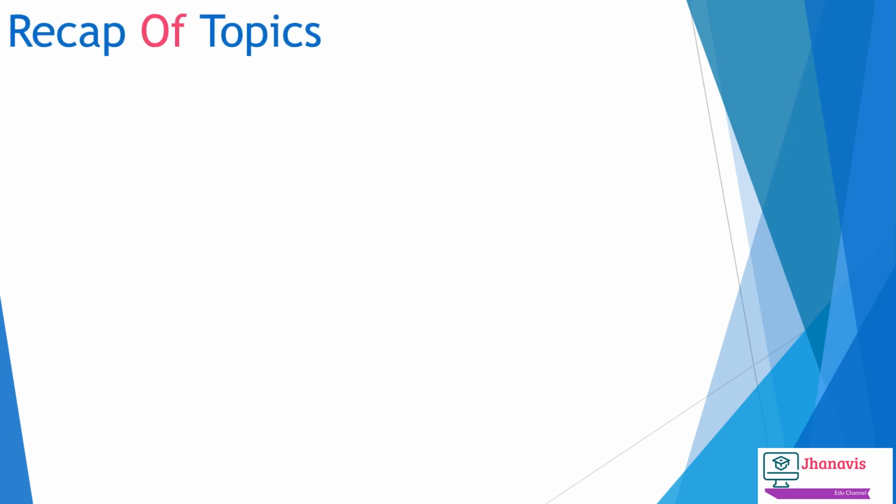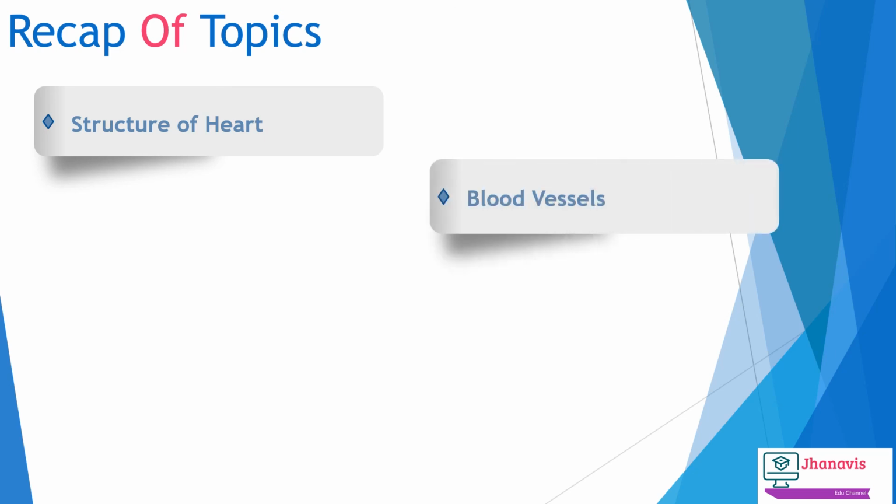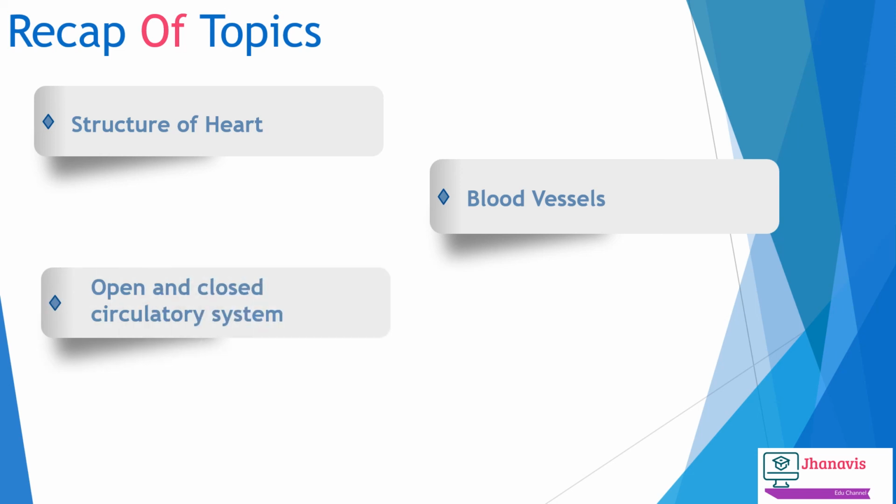So let's quickly recap what we have studied in this video. We have studied the structure of the heart, the blood vessels, namely arteries, veins and capillaries, and the closed and open circulatory systems and how the blood flows through the four chambers of the heart and is circulated to all parts of the body.